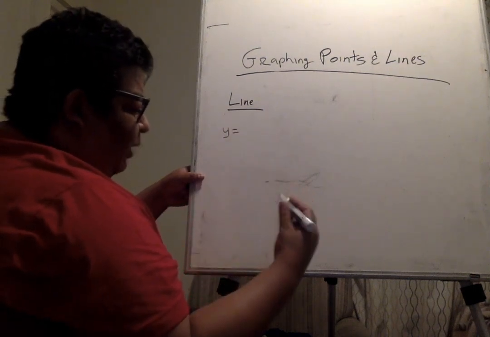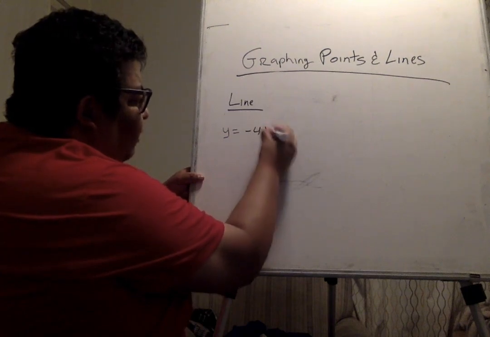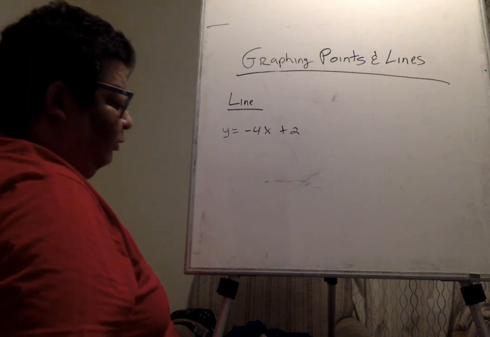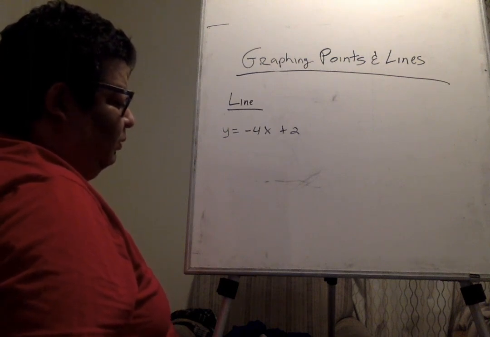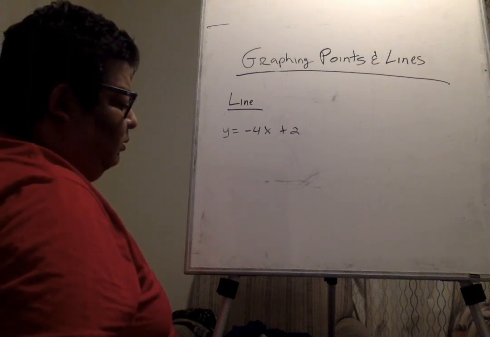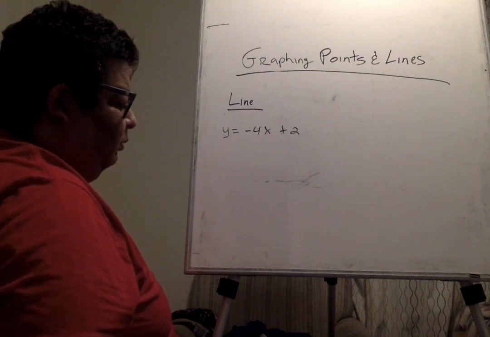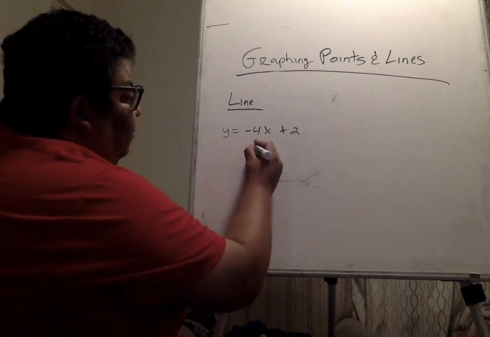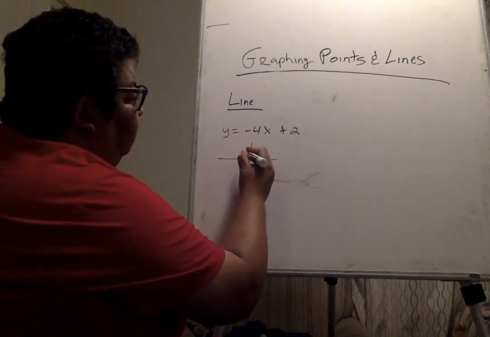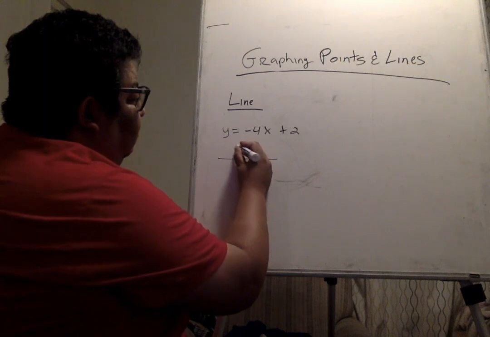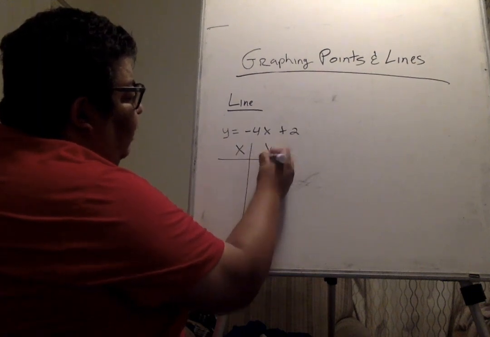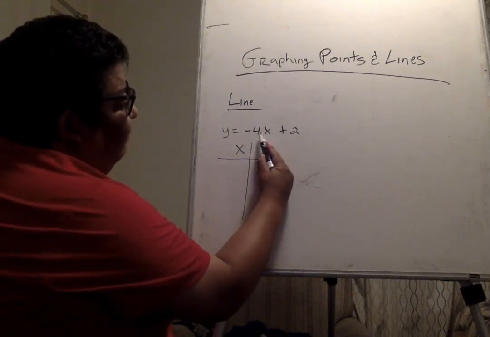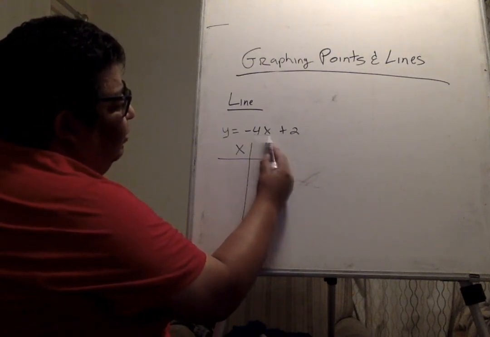Let's do the next one. y equals -4x plus 2. Okay, so we're gonna draw a table. We're gonna call it x and y. Remember, I always choose 0 because if I were to plug in a number, I'm gonna get another number.